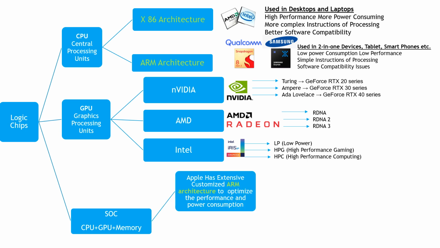This is used by Apple. Apple primarily used the ARM architecture, but it has customized it to a level where the shortcomings of ARM architectures are very much covered, and they have been able to optimize both performance and power consumption.